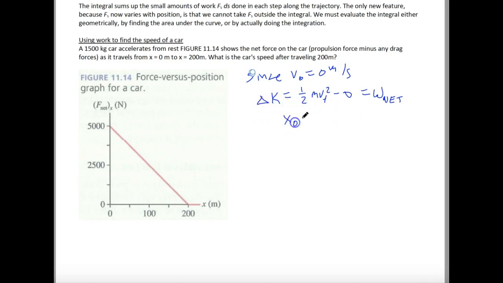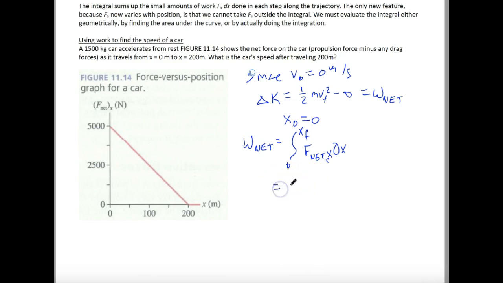We know that our original position is equal to 0, and we're going to say that that net work is equal to the definite integral going from 0 to our final position of the net force in the x times dx.